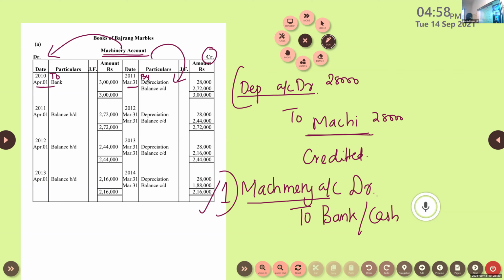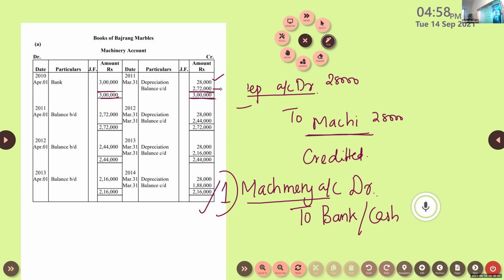Finish, nothing else. Then what to do? Balance it. 3 lakh is higher. Write the total on both the sides. Here we have only 28,000. So 3 lakh minus 28,000 gives 2 lakh 72,000.